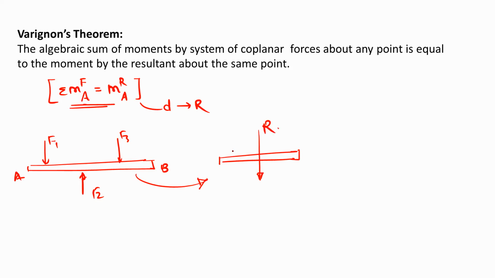So this is the R and this point is A. And suppose we are interested to find out the distance D of the resultant with respect to the given point. Okay. So in that case, we can use this relation: summation of moments by all the forces is equal to the moment by the resultant about the same point. So this is the application of Varignon's theorem. So today we will solve some problems on the resultant for the parallel force system and Varignon's theorem.